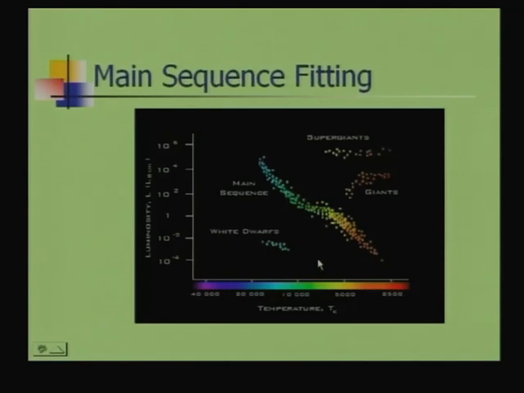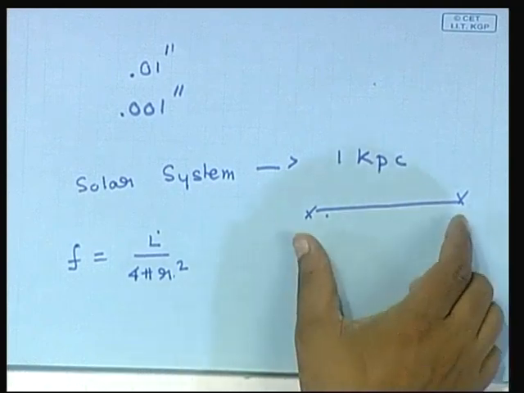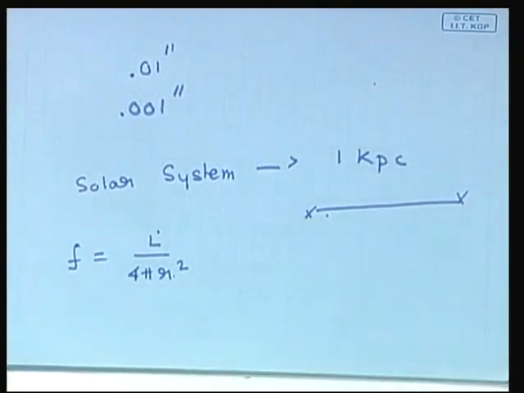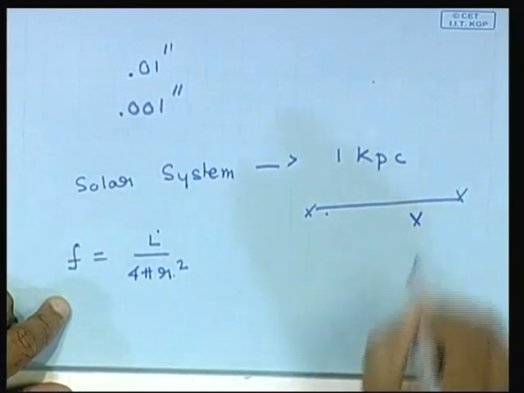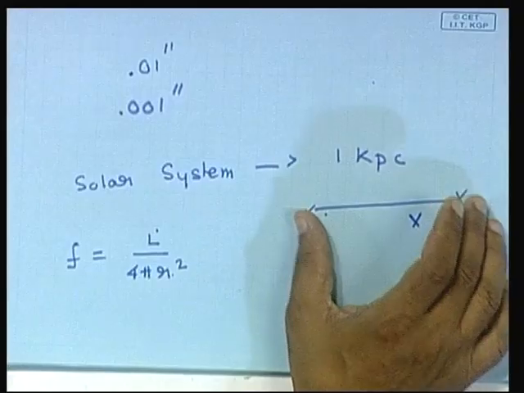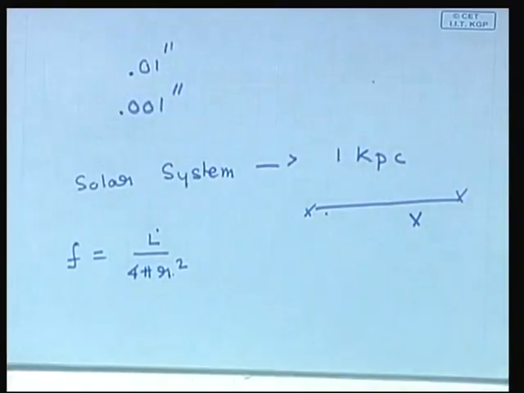Now you can use it to determine the distances to open clusters which are further away than 1 kiloparsec. If you get an open cluster at, say, 7 or 8 kiloparsec, and you can determine its main sequence, you can use the HR diagram to determine the distance to this open cluster. So this has extended the distance scale beyond 1 kiloparsec.